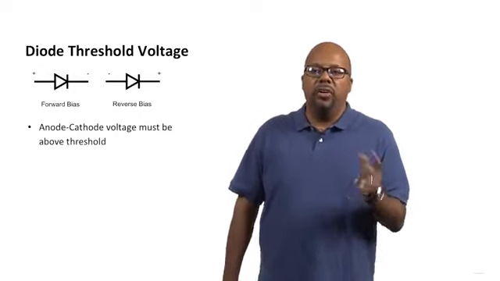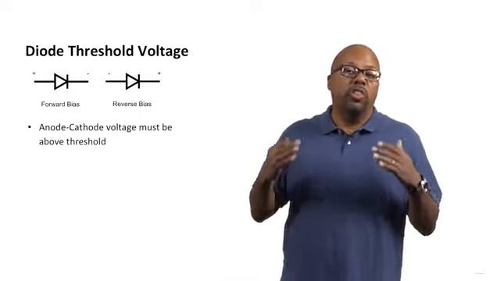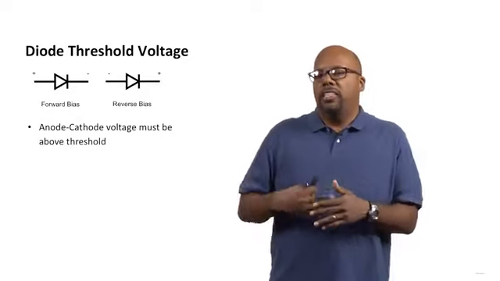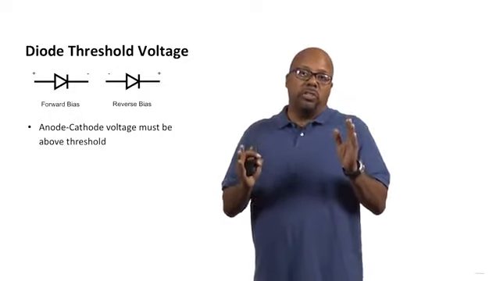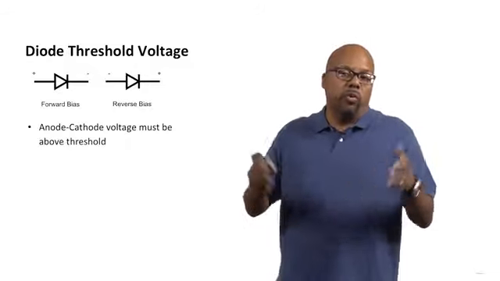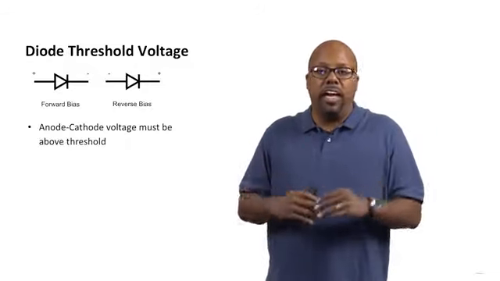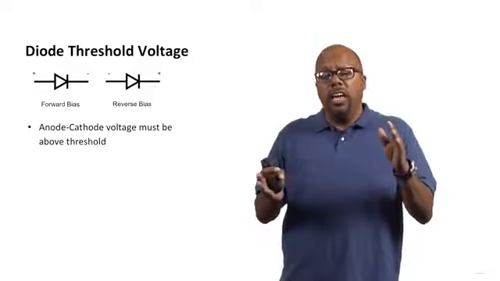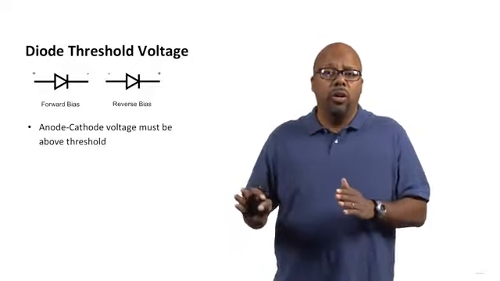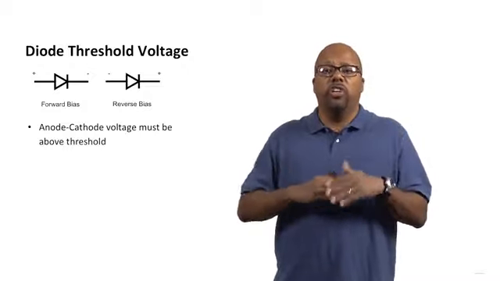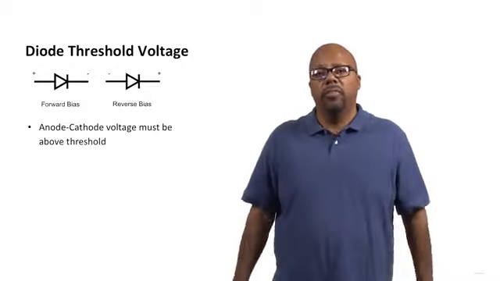So the anode-cathode voltage must be above a certain threshold. Not only does the anode have to be positive with respect to the cathode, the difference between the voltages at those two ends has to be above a threshold, let's say 1.7 volts, but this is going to depend on the diode. If the voltage is below that threshold, then current will not flow. But once it gets above that threshold, then current flows and there's very little resistance.